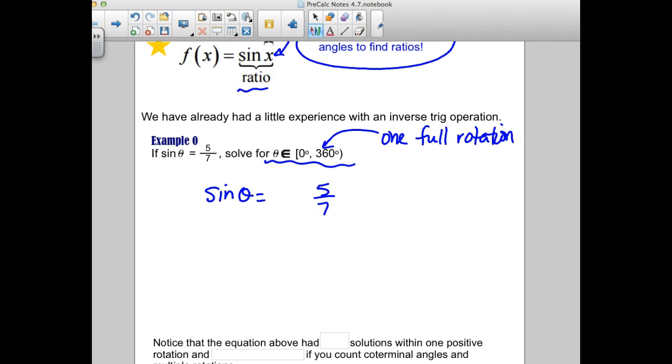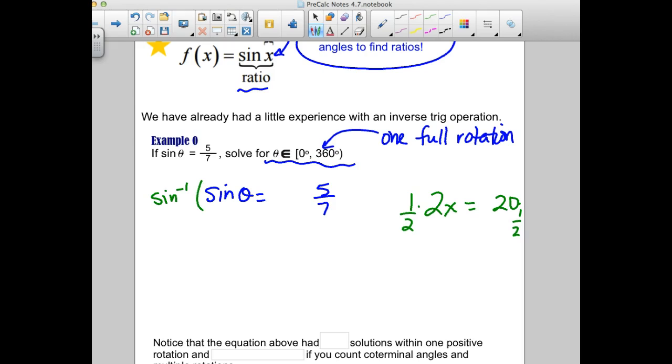Just like if we were solving, say, 2x equals 20, we would need the inverse of multiplying by 2, or multiplying by its multiplicative inverse, 1/2, to solve it. Okay? Well, the same idea here. We need to take the inverse of our trig function to undo that. So whatever we do to one side, we have to do to the other.